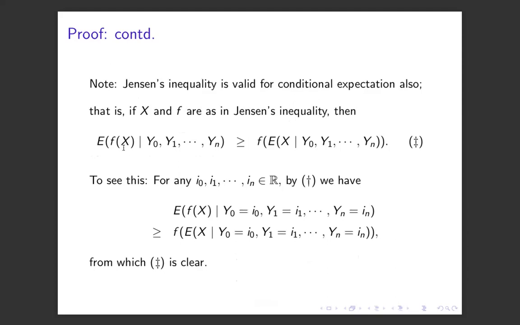You consider the conditional expectation of these given a specific value. You express this in terms of the conditional probability, and f of X equal to j or something like that. Use the definition of conditional expectation in terms of conditional probability. So with respect to the conditional probability also, Jensen's inequality is valid. And therefore you get straight away this.